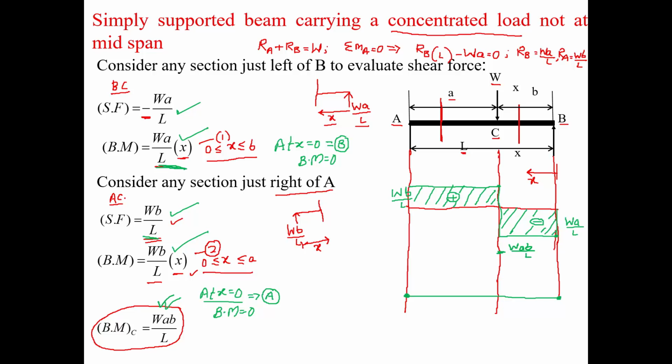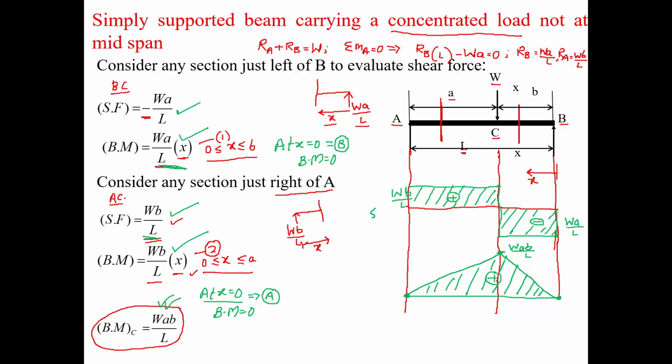So joining this with the help of a straight line will be a right mathematical representation for the distribution between C to A and C to B. And since both of these expressions are positive, we have drawn this over the reference line. So this will be my bending moment diagram.